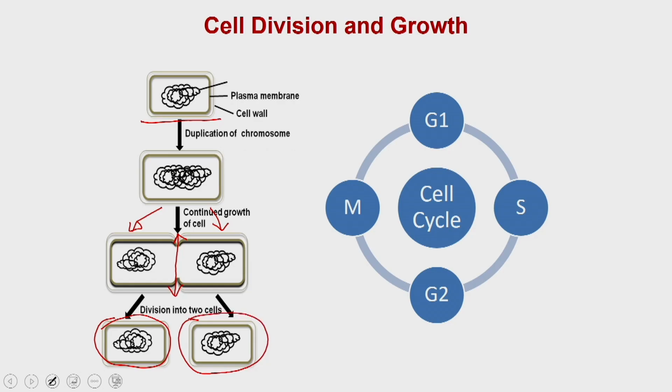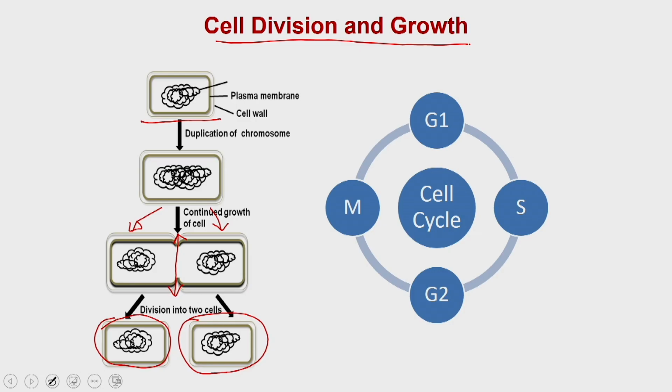So, during cell division and growth of the prokaryotic organism, the genomic DNA is synthesized, you make two copies of it, and then the individual copies are distributed into the daughter cells.